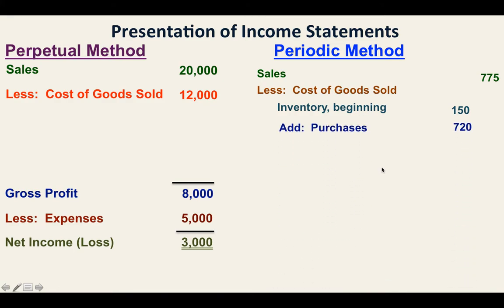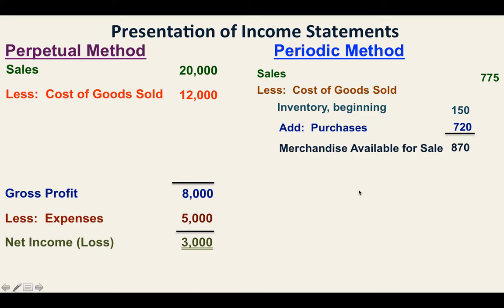And if our purchases for the current year is 720, then adding these two will give us our merchandise available for sale, which is 870. Okay, merchandise available for sale is the total amount of merchandise that you can sell for the year.